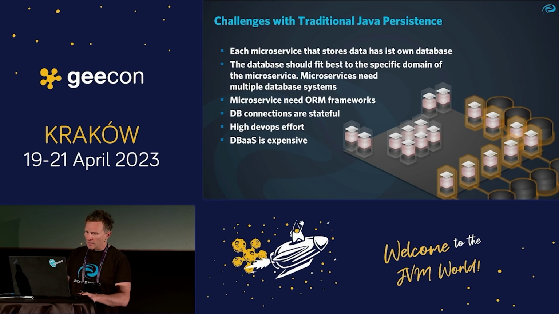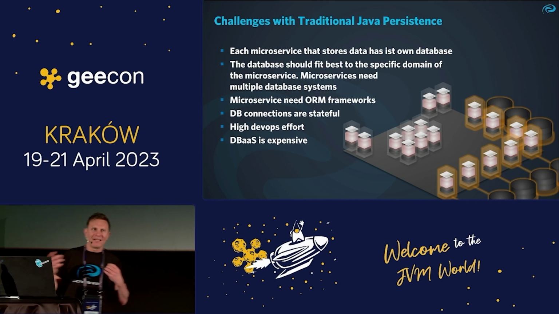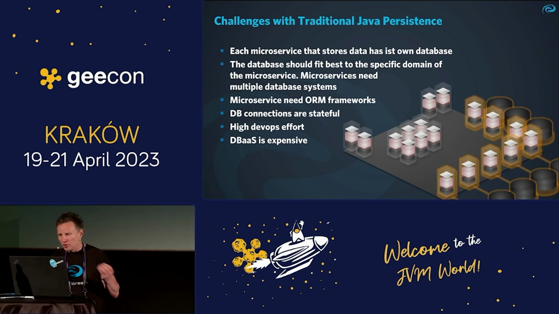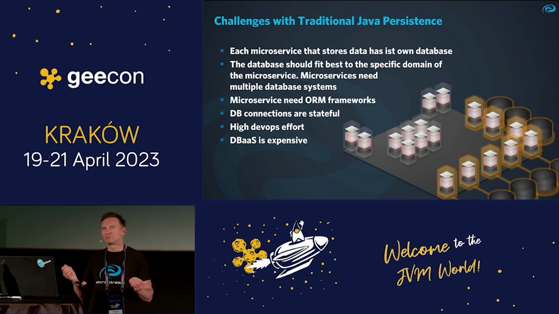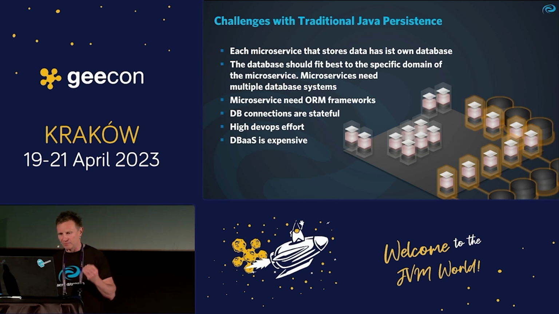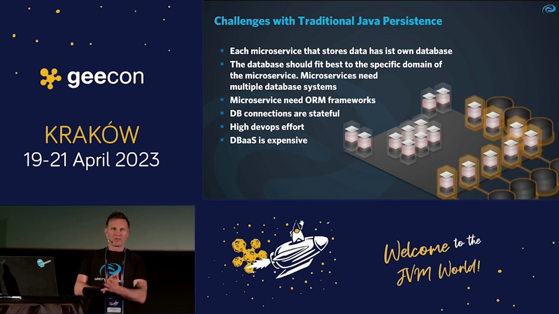And each microservice should be responsible for a specific task, which means perhaps one microservice is responsible for IoT data, storing machine data. So which data structure would be great for that use case? A graph? Perhaps not. A time series database.